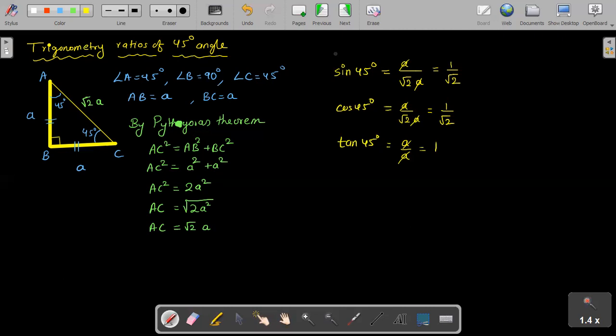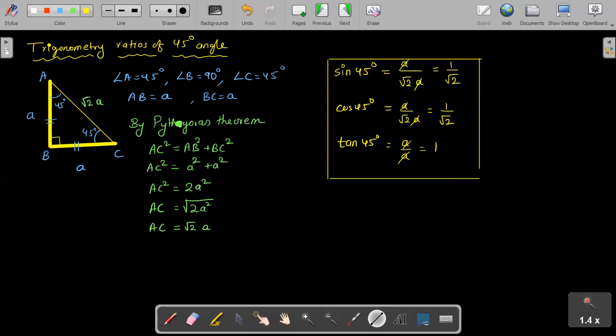So this is easy to remember now: sine 45 is 1 by root 2 and cos 45 is also 1 by root 2. They both have the same value and tan 45 is 1. If you remember in the table, it's your choice actually. It depends on your brain, how you want to remember the values.